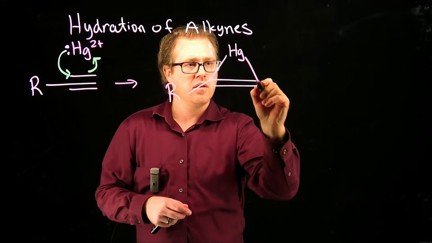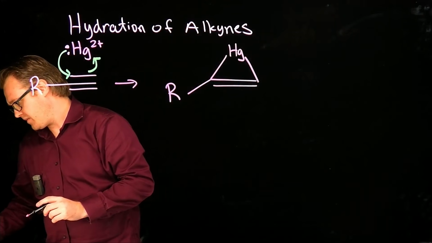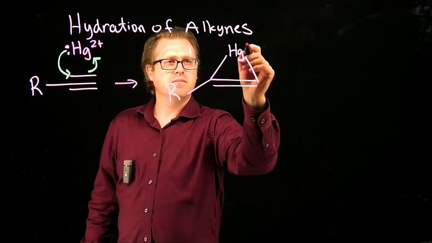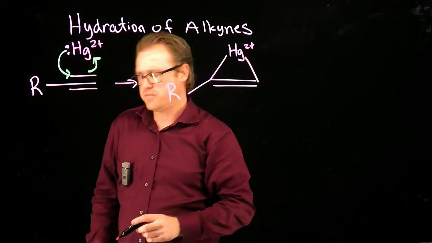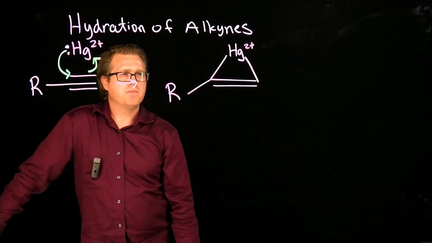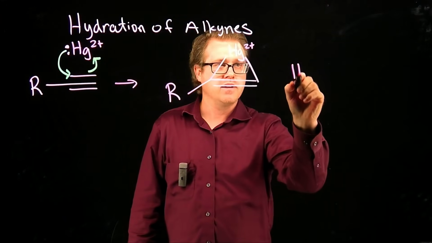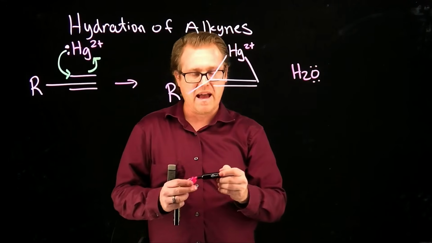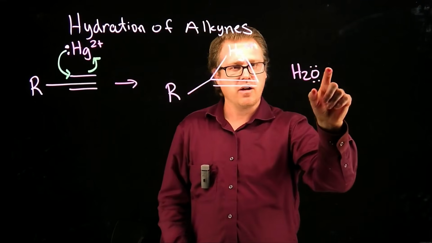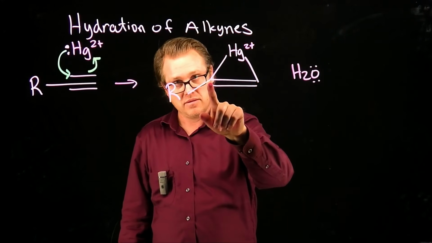Mercury, boom, like that. Just like that. All right. Now, what's going to happen is that we had sulfuric acid and water present. So we're going to take water, and that's going to act as our nucleophile. And so this water has options now. Is it going to attack this carbon or that carbon?